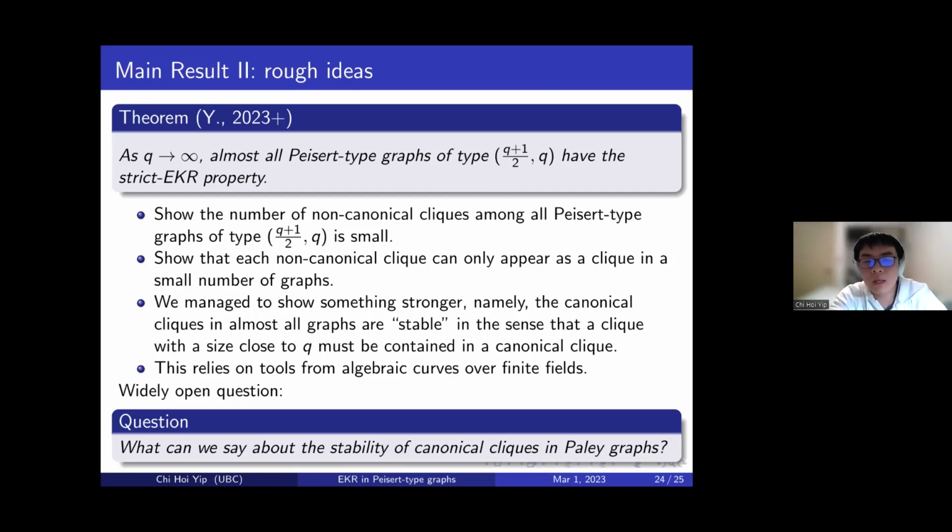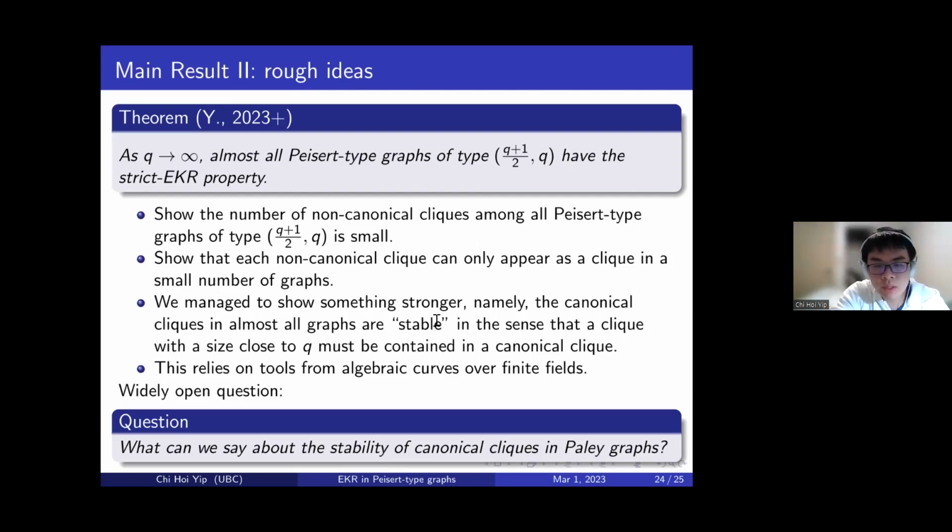It basically means that if we have a clique with size close to Q, it must contain a canonical clique. In other words, there's a gap between the size of the second largest maximal clique and Q. This is known as the stability type result in EKR type results.